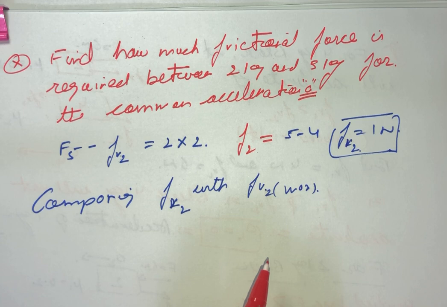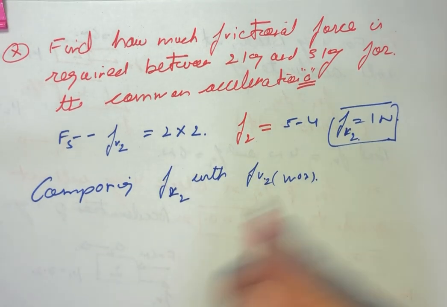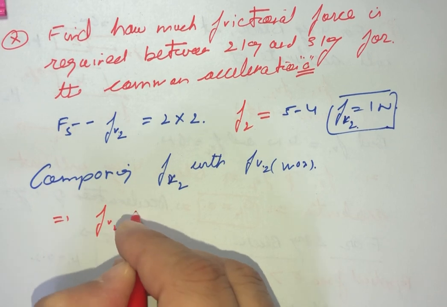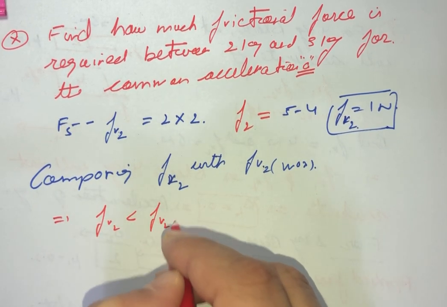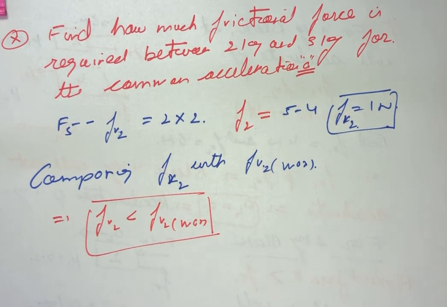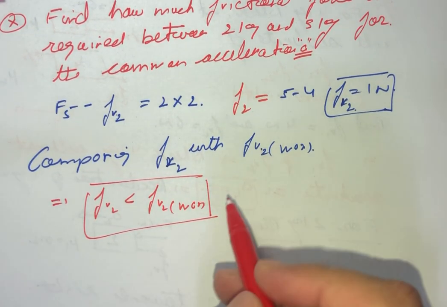So it means F2 is less than FR2 max. Okay.